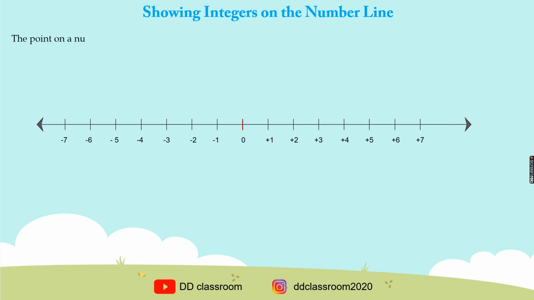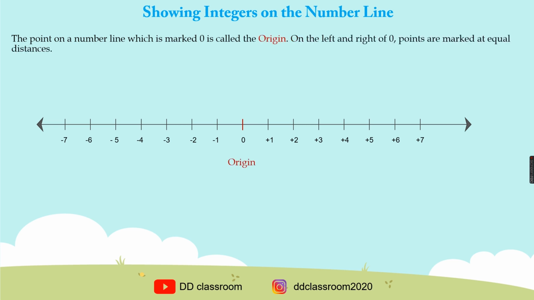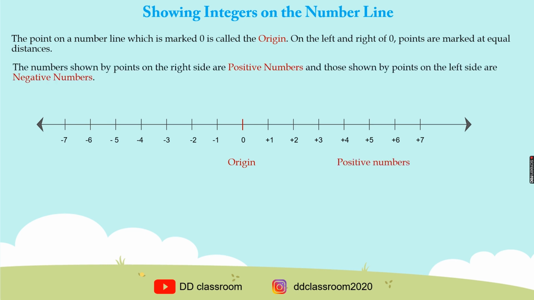The point on a number line which is marked 0 is called the origin. On the left and right of 0, points are marked at equal distances. The numbers shown by points on the right side are positive numbers, and those shown by points on the left side are called negative numbers.